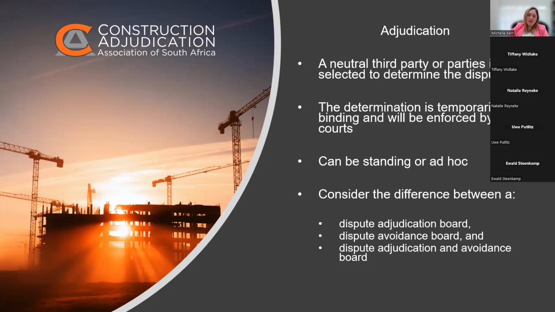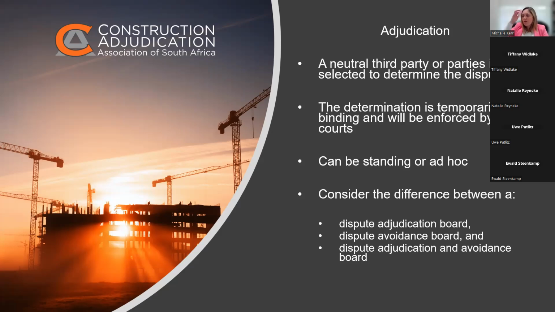It's another way of describing the adjudicator. You'll see under the GCC or FIDIC, they'll be referred to as the adjudication board or the dispute adjudication board, the DAB. It can be one person who is that board, or it can be three people. But that's the purpose of the board, to adjudicate the dispute.